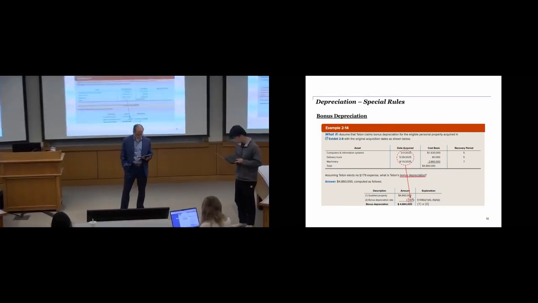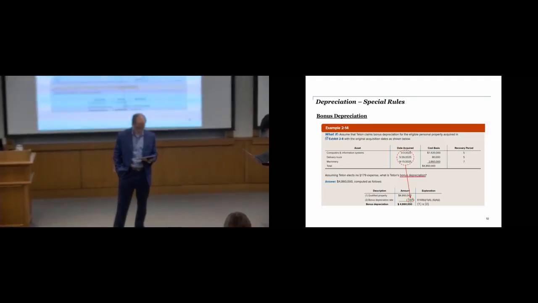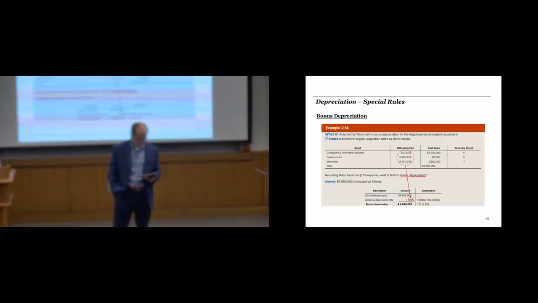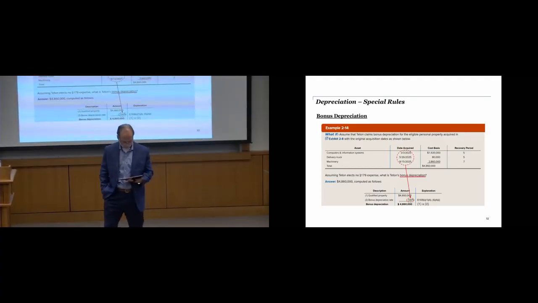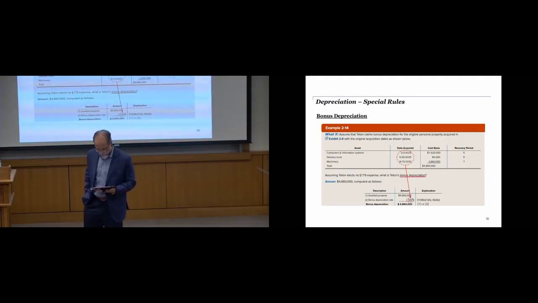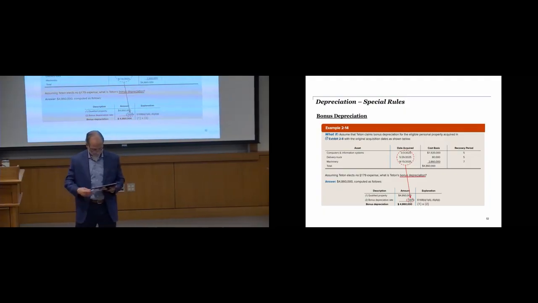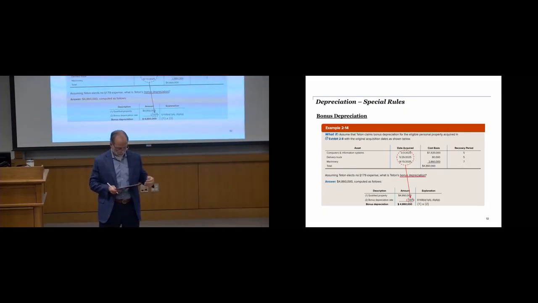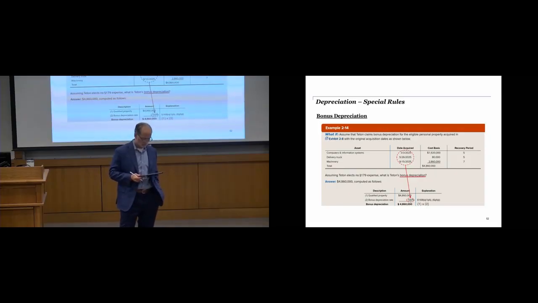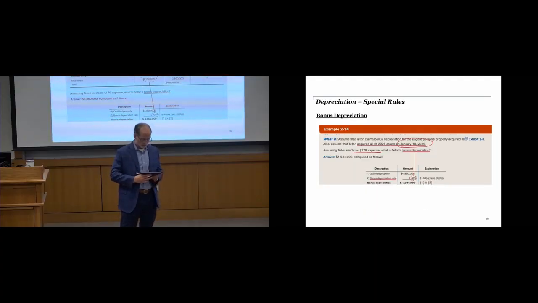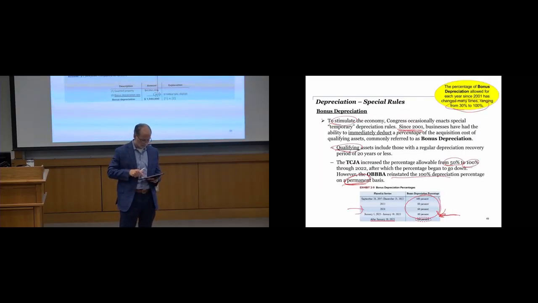Because the truck is not eligible for bonus depreciation, and the amount of the truck is 80,000, we minus the 80,000, and we still got 1,560.